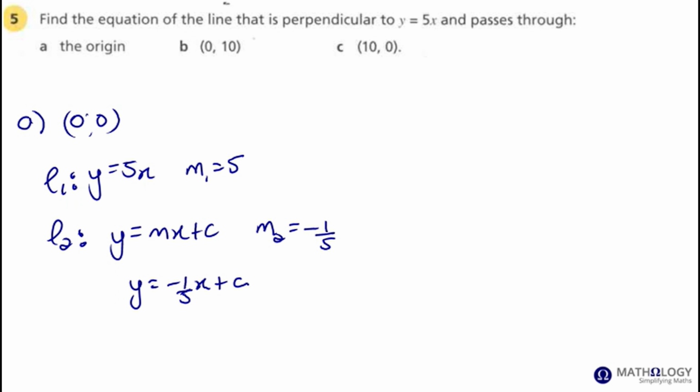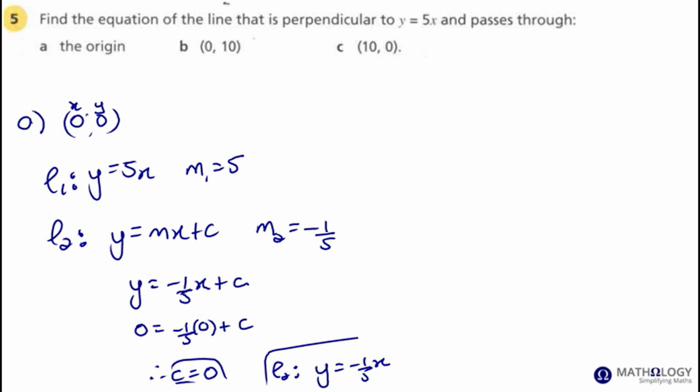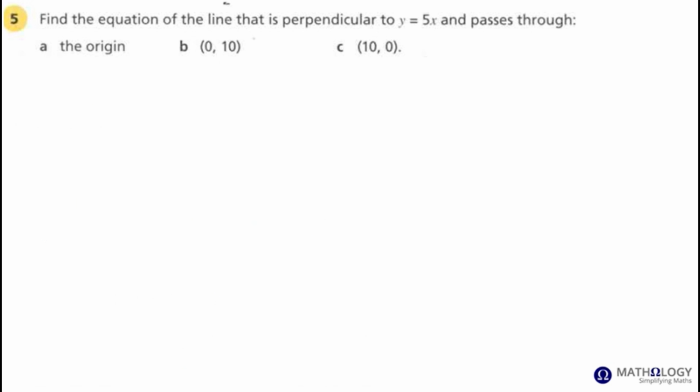And now we substitute the point 0, 0. x is 0, y is 0. So 0 equals minus 1/5 times 0 plus c. So c equals 0. So line 2 has equation y equals minus a fifth x. B.